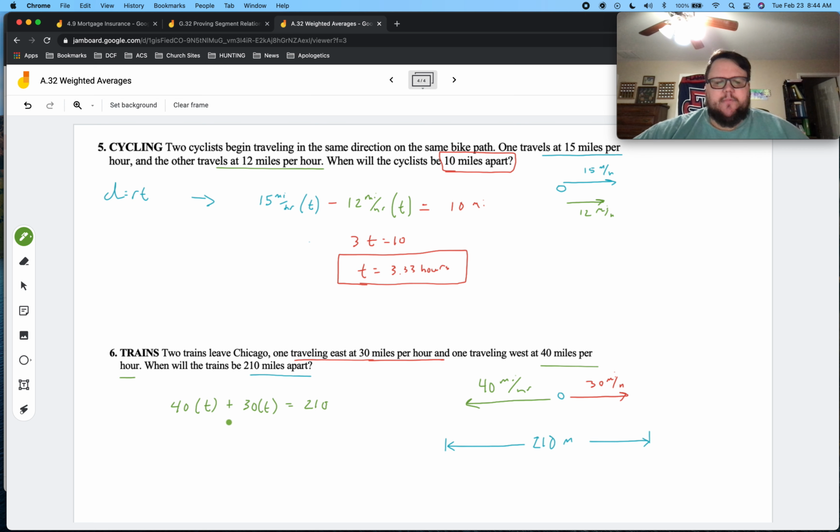So we get 70T equals 210. Divide by 70, and we get T equals 3 hours.